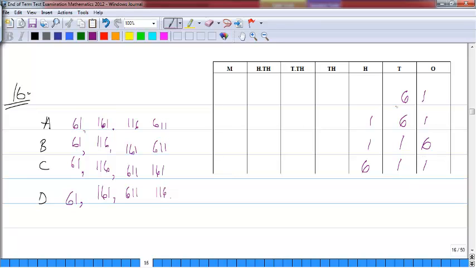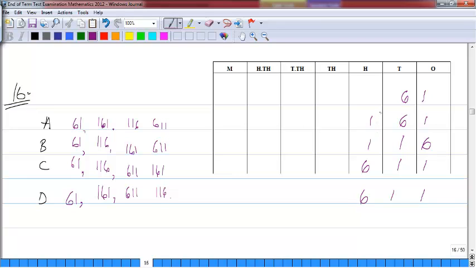So let's determine which one is the smallest. Okay, let's go from largest first. Here we have in the hundreds column, we have 6, and the other 2 have 1. So we know that 611 is the largest number. Now we have 2 numbers that have 1 in the hundreds column.